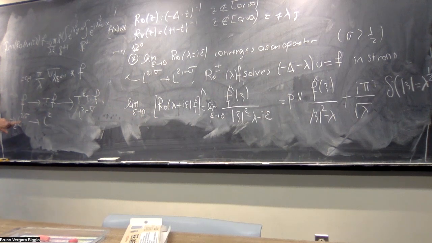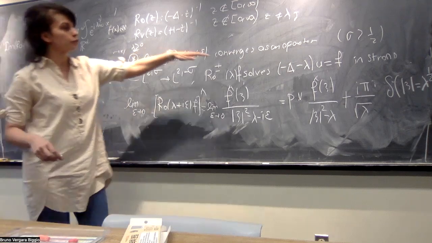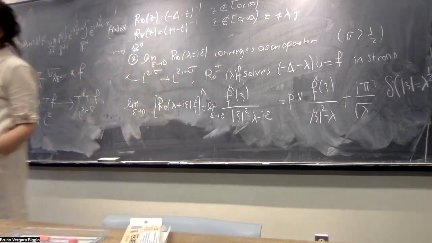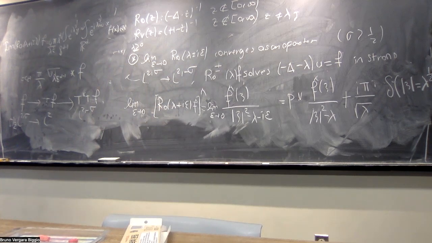Okay, so this basically tells you that this guy, in the weak sense, maps L2 sigma to L2 negative sigma for any sigma greater than 1/2. Right? So this is the weak case, but I'm going to actually prove that this convergence is also true in the strong sense because it actually has another bound.